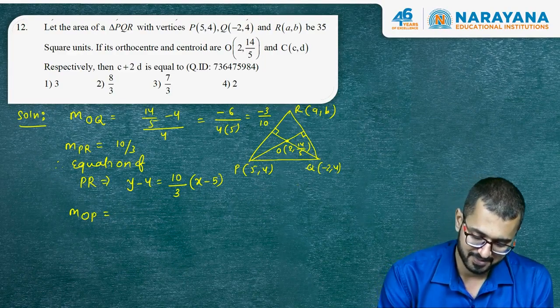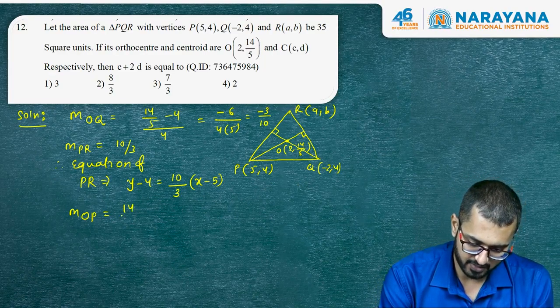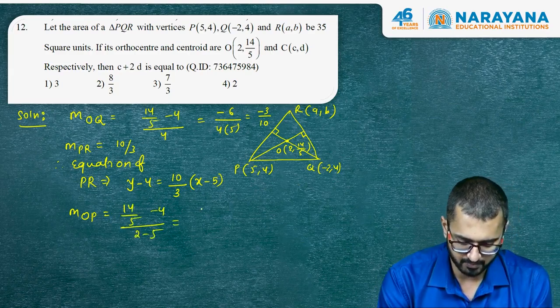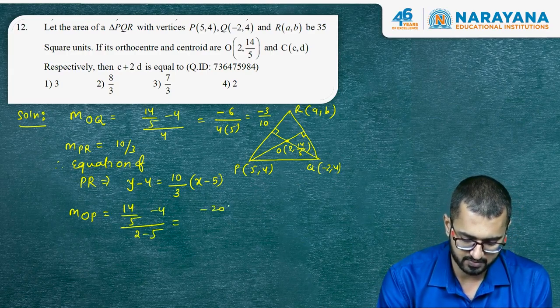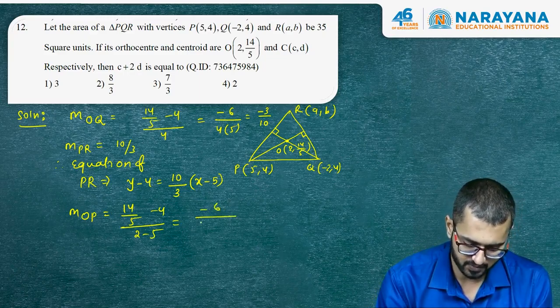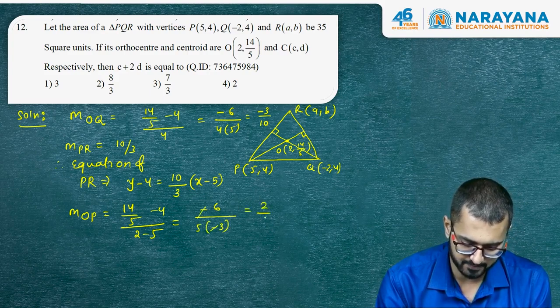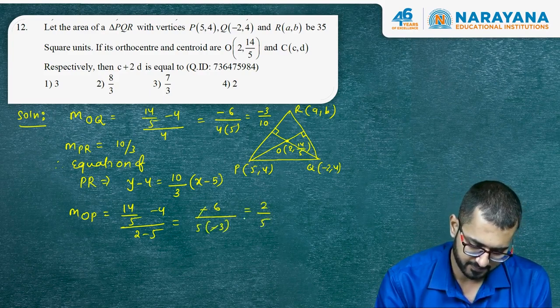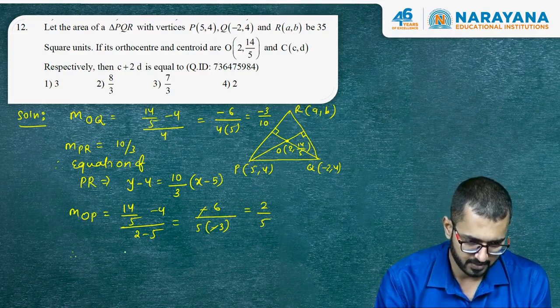MOP will now become 14 by 5 minus 4 over 2 minus 5, that is 14 minus 20 over 5 is minus 6 over 5, into minus 3. So this gets cancelled, we get here 2 by 5. Therefore MOP is 2 by 5.